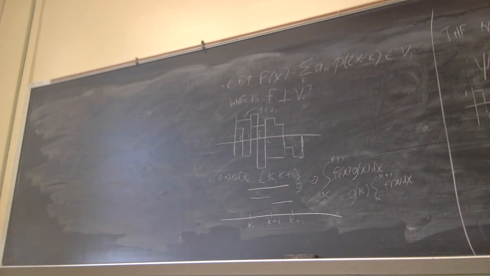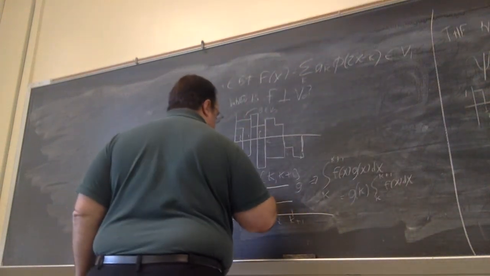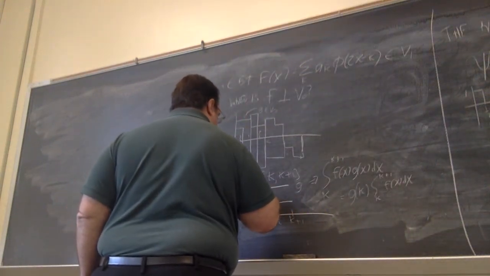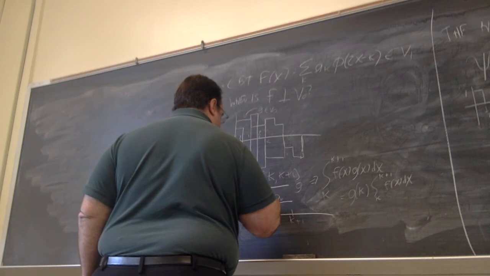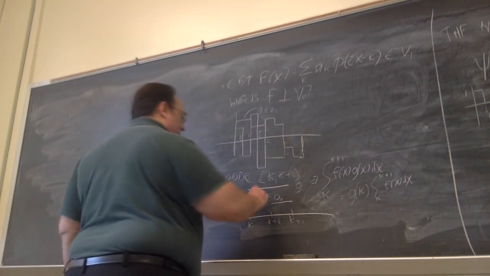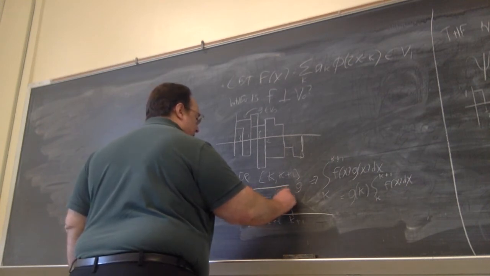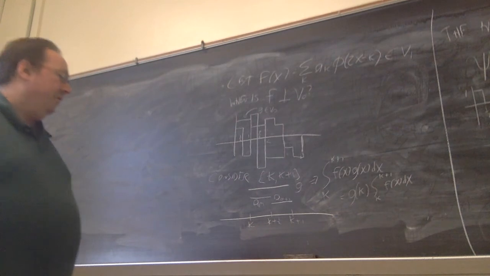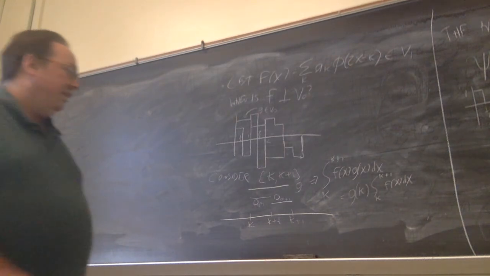Second of all, let's suppose that this value is a_m and this value is a_m plus 1, based on however I number the terms. Those are the actual values of f on those half intervals.